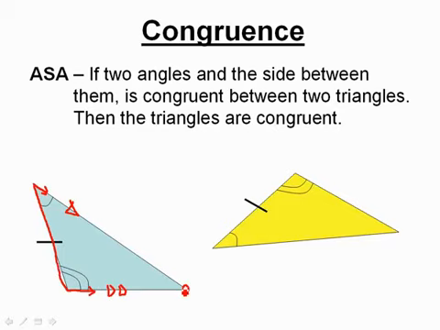Exactly. As if you had two lines with different slopes, and they had to hit at a single point. So knowing a side and the two angles across from it lets you know that two triangles are congruent. So here, we know that the angles are the same, and the side between them is the same for the yellow one. Just like before, when we looked at the ratio between the lengths of the two sides, if you know that the ratio between those is exactly 1, that means the sides are the same, and therefore the triangles are congruent.